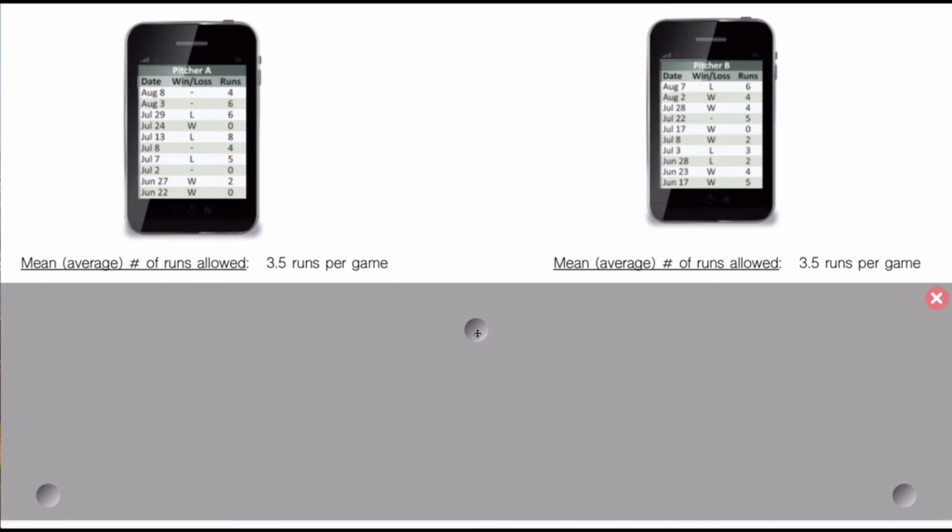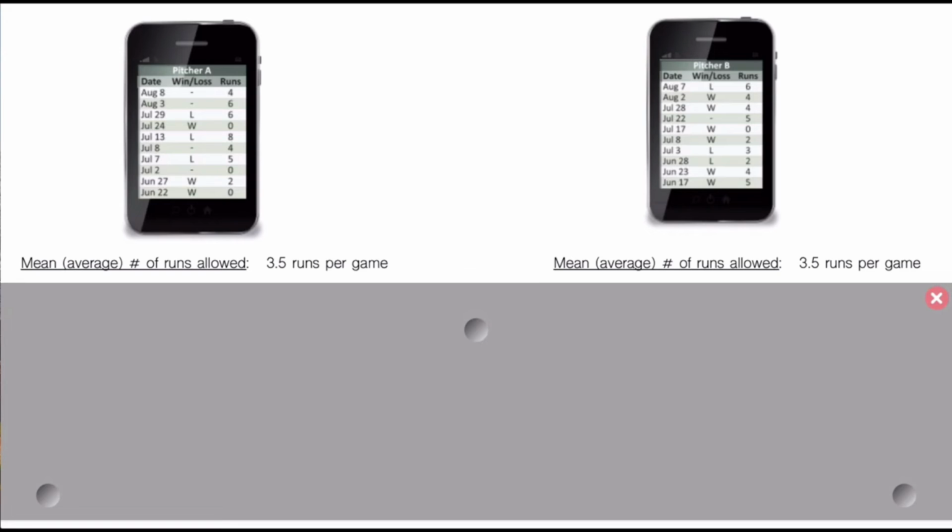I didn't show the math, but all I did was add up all of the runs and divide by 10. And both of them happen to have the same exact average. So the mean doesn't actually help me right now. They both have let up the same number of runs. I need something to help me better distinguish these 2 pitchers.